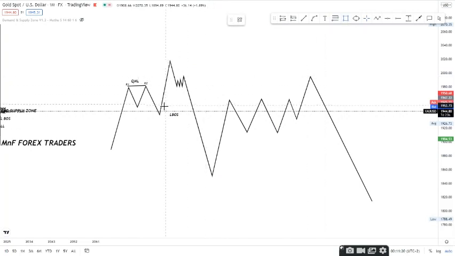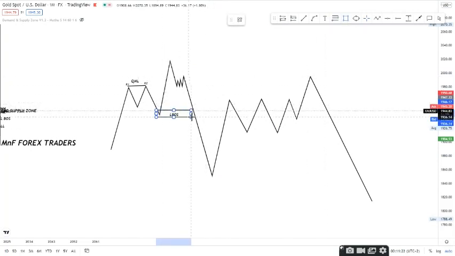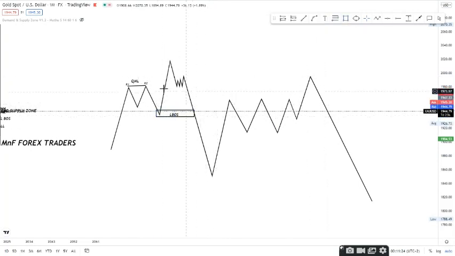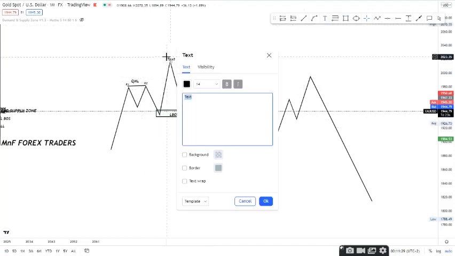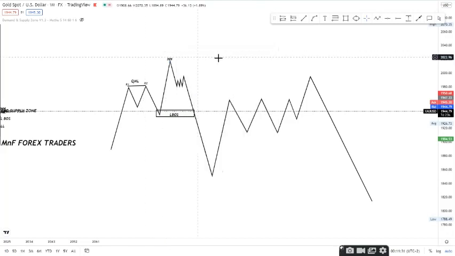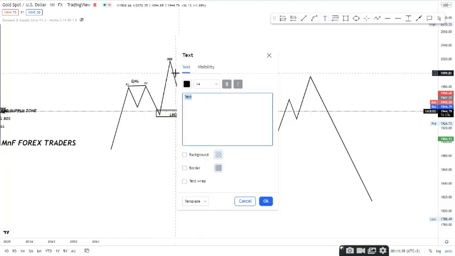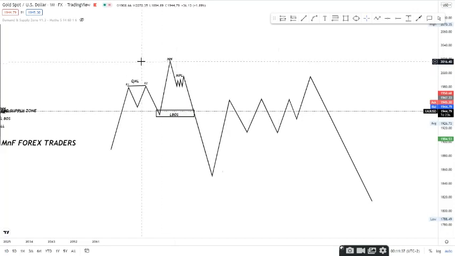This is a low and break of structure. So this is a high, low, and then a higher high, the ultimate high. And then at this level we have an MPL. Okay, something like that.